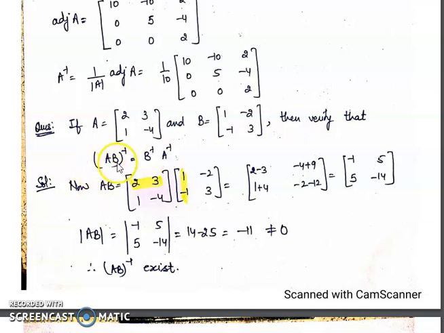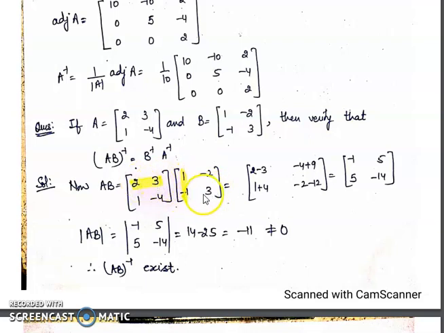Now the left hand side is AB inverse. So first we find AB, the product of the matrices. Remember, take the row of the first matrix and the column of the second matrix. Hope all of you remember the method of multiplication of two matrices. So 2 into 1 plus 3 into minus 1.